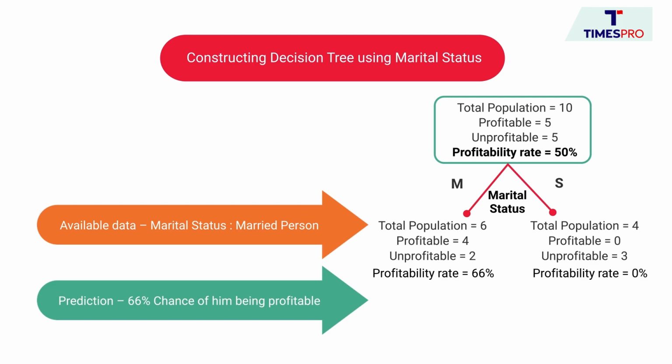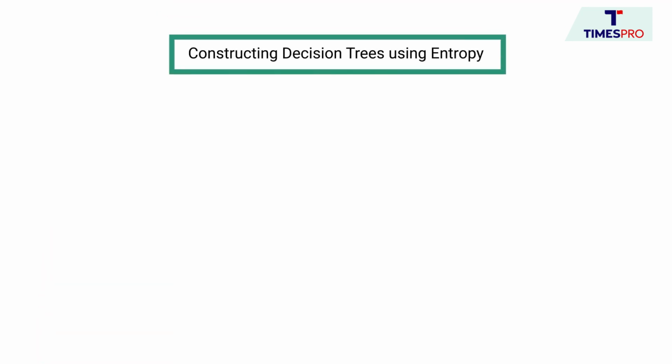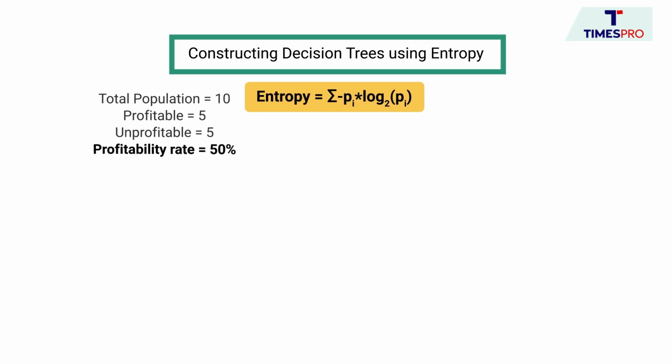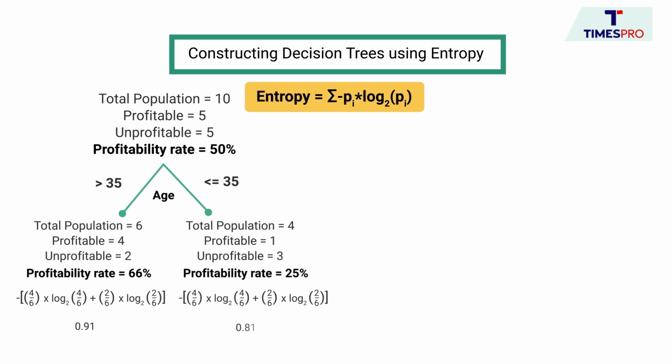Let's construct decision trees now based on the entropy scores. Entropy is given by minus summation of pi logarithm to base 2 of pi. This is the decision tree we get when we split based on age. The entropy score for age greater than 35 is 0.91, and for age less than or equal to 35 it is 0.81.